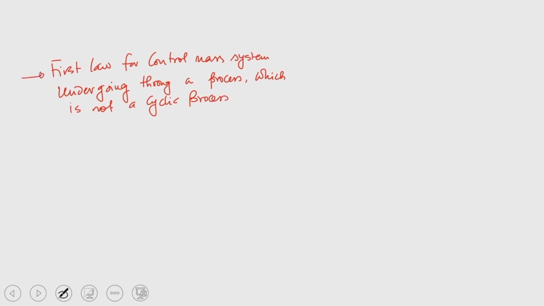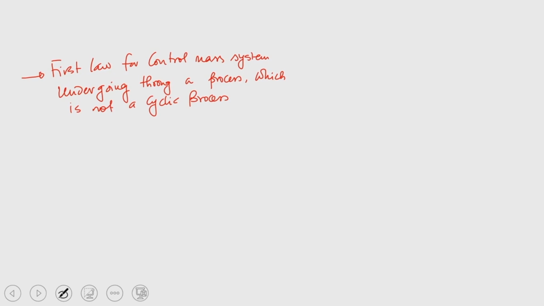So, essentially our objective is to derive the equation when the process is not a cyclic process. In other words, we shall make an effort to establish the first law for the control mass system when the process is any generic process.